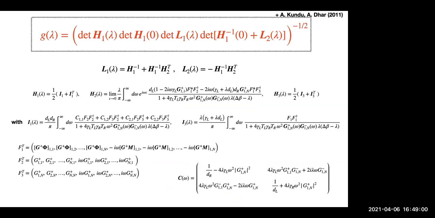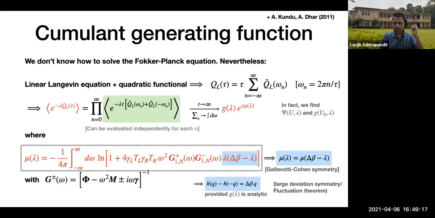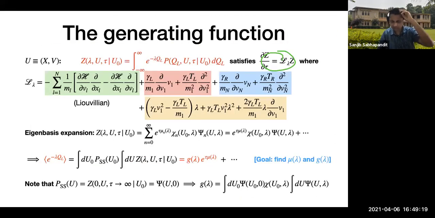So Sanjib, so now you want to, yes. So the symmetry, the Gallavotti-Cohen, could you relate it to any symmetry of the L operator? You can, but I think what I remember is that it was not very clear, because this is your L operator, right? And lambda appears only here.